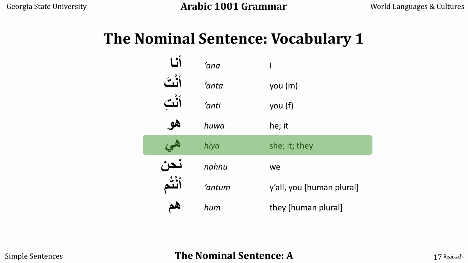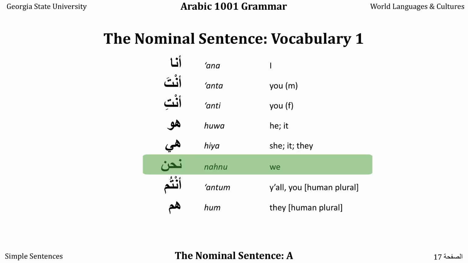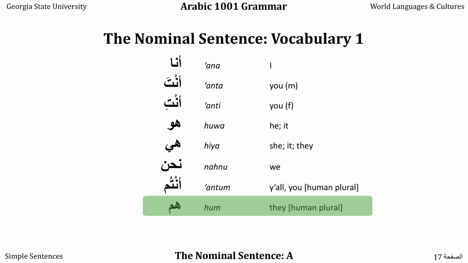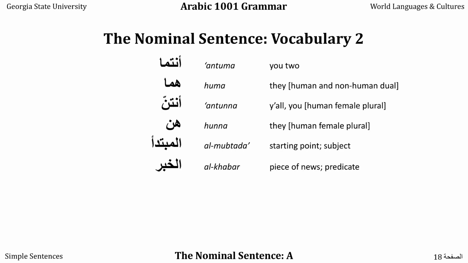It can mean it for a feminine object, and it can mean they for non-human plural. Nahnu is we, antum is y'all or human plural you, hum is human plural they, not for objects, only for people. Here we have the much lesser used dual and feminine only versions of you and they. These are here for completeness only. We don't typically use them in first year Arabic.